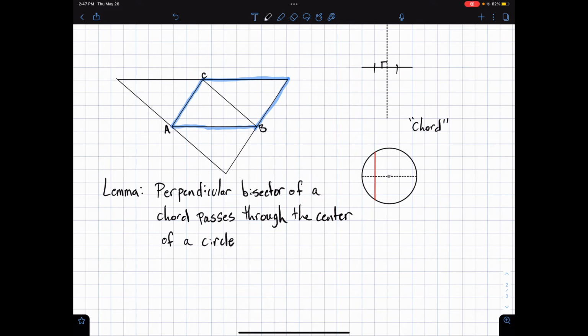So if this side of the triangle here has length lowercase b, we'll call this one lowercase a and this one lowercase c, we know that this side of the parallelogram has length lowercase b. Similarly, you can say this one has length c, this one has length a over here, and if you keep working this out, you'll find that this one also has length a, this one has length c, and this one has length b.